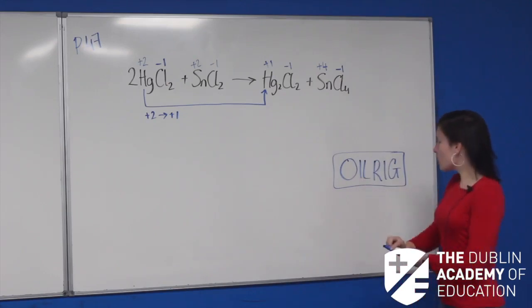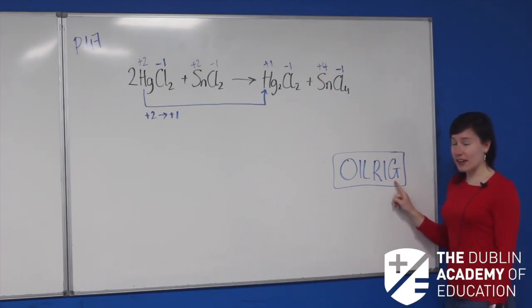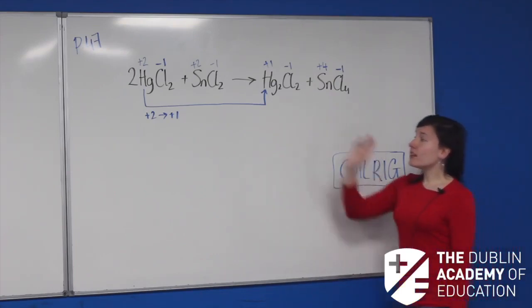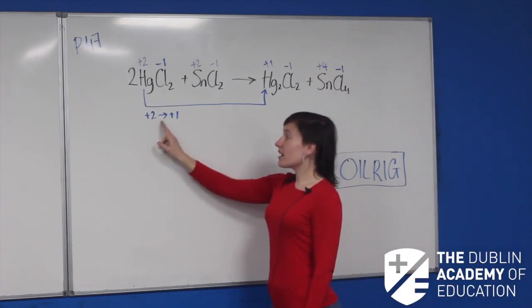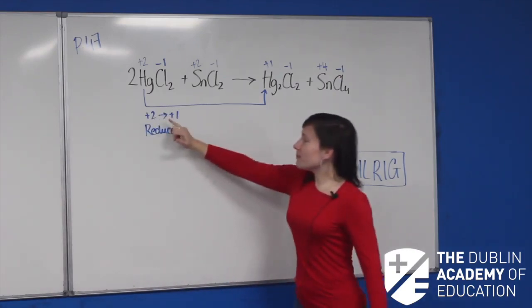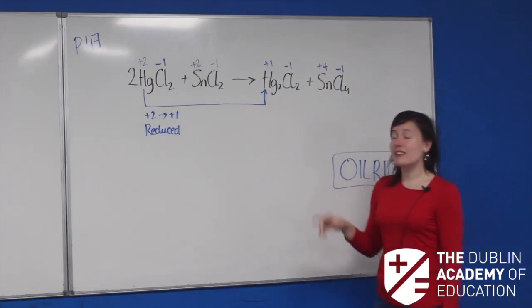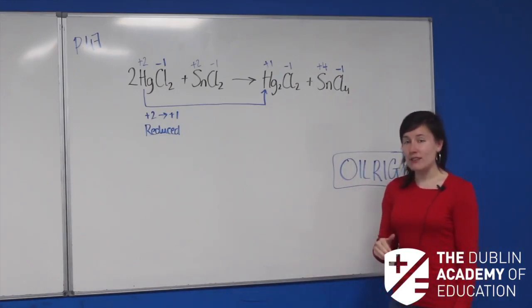OIL RIG, okay? So what this means, oxidation involves the loss of electrons, reduction involves the gain of electrons, okay? So this substance's oxidation number has gone down, therefore we can say that it has been reduced. Okay? The number is going down, it's decreasing, and the reason for that is because this substance is gaining electrons.